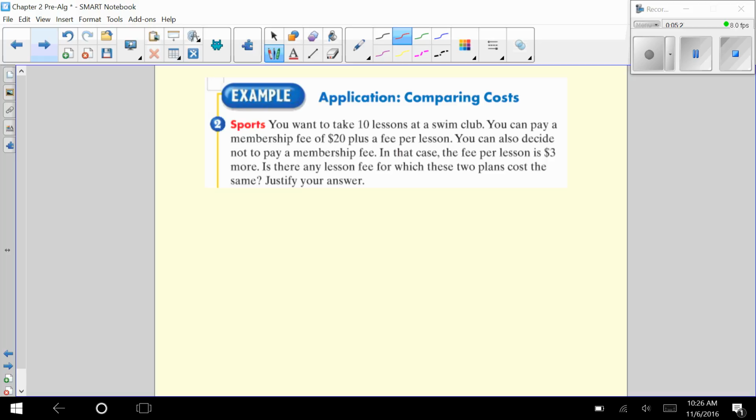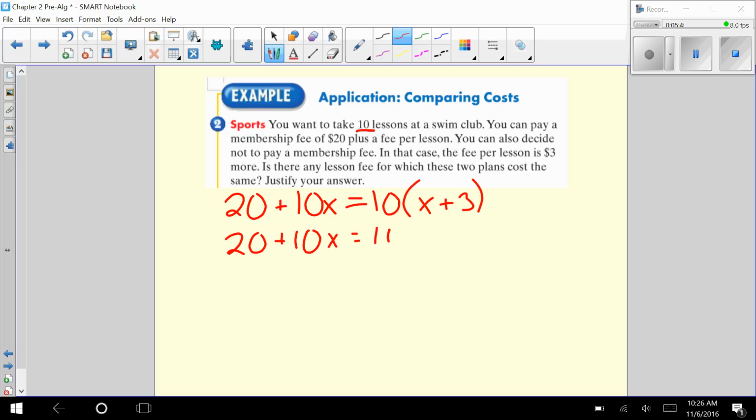Let's look at if you're a member. If you're a member, you're going to pay $20, plus I'm going to pay for every lesson, I don't know how much. I'm taking 10 lessons, that's 10x. I want to know if that's ever going to equal 10 lessons, but I'm going to pay that lesson fee plus $3 for each lesson. We'll distribute on the right-hand side, so I get 20 plus 10x equals 10x plus 30.